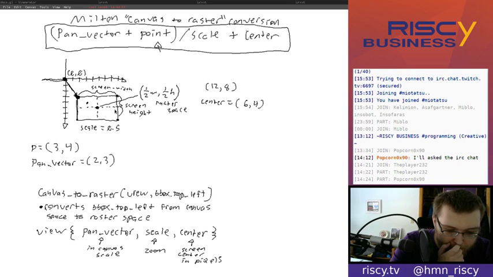So in that case, we say the pan vector, which is 2, 3, plus the point, which is 3, 4, equals 5, 7.